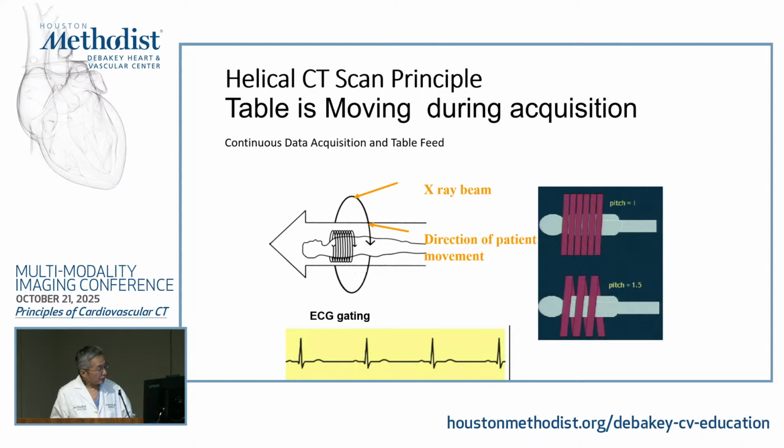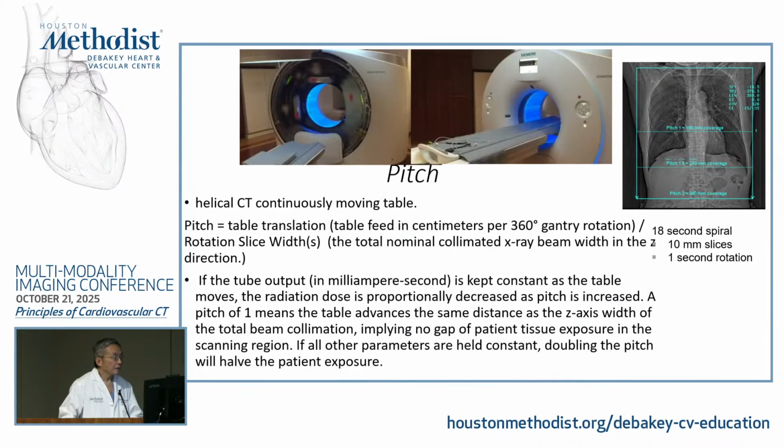Obviously, if the patient is moving continuously and is moving slower than the gantry, you're going to have overlap of data, more radiation compared to prospective. Okay? And that's why we don't do retrospective gating anymore for coronary, because it carries at least 5 to 10 times more radiation. Okay?